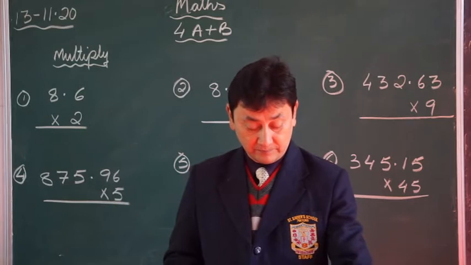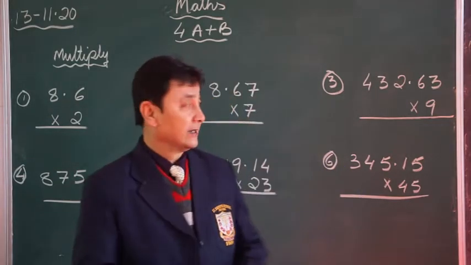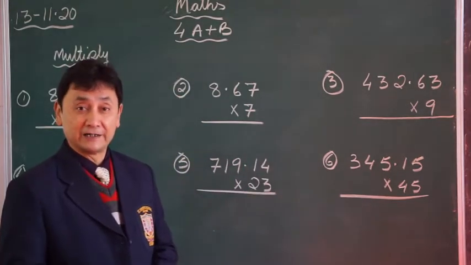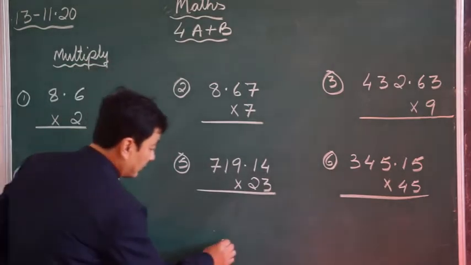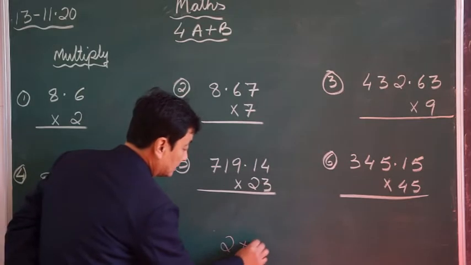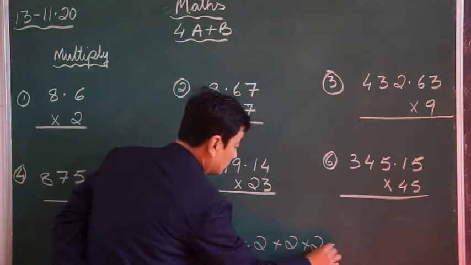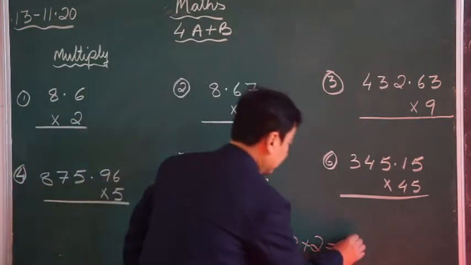In our previous class we had said that multiplication is what? Repeated addition. For example, when you want to add 2 plus 2 plus 2 plus 2, how much is it? 2, 4, 6, 8.